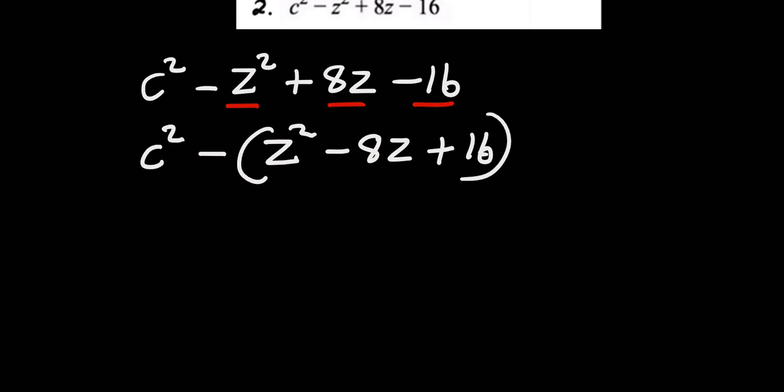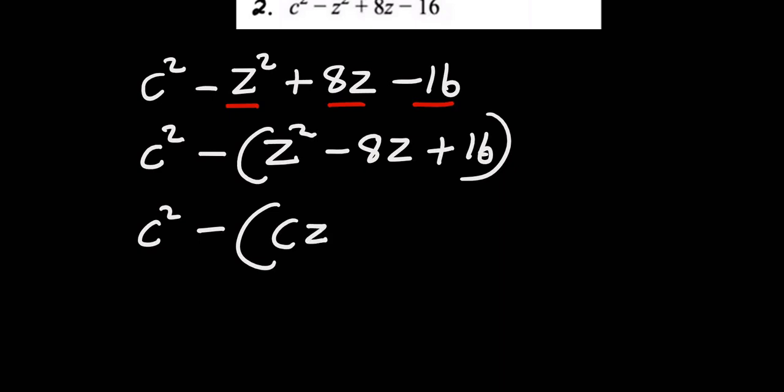So if we factor this, then we're going to have c squared minus z.